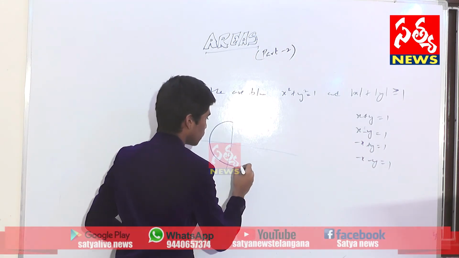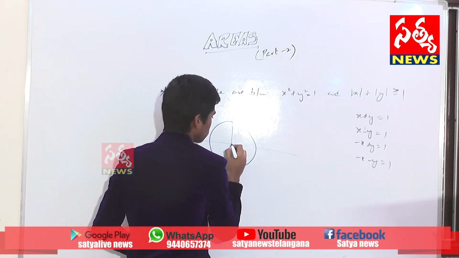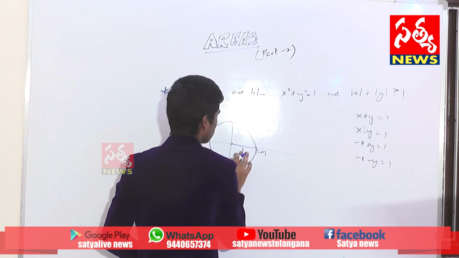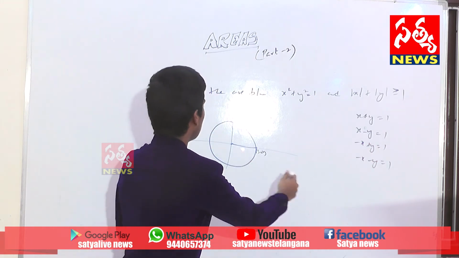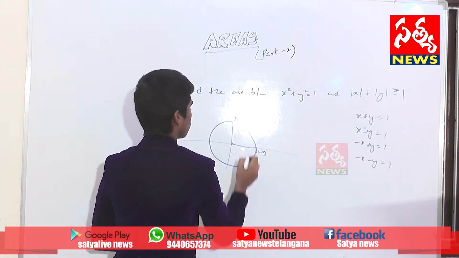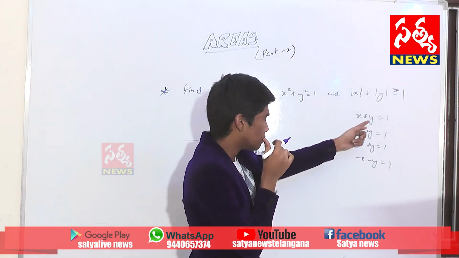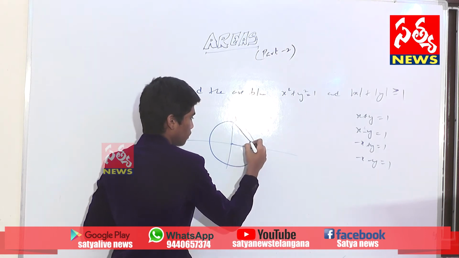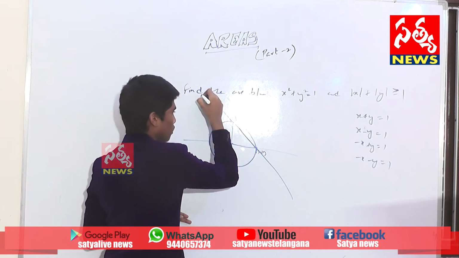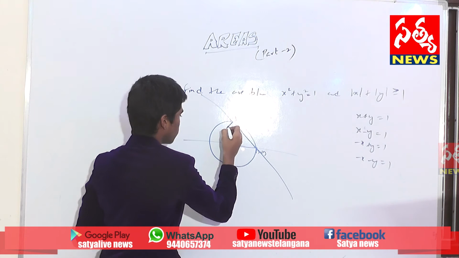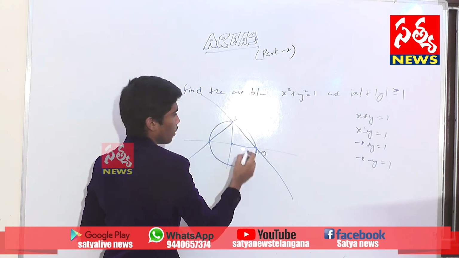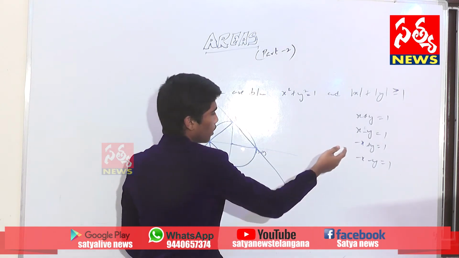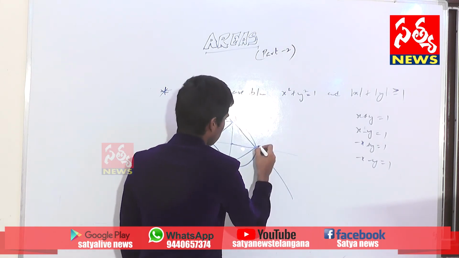See here, this is the circle with radius 1, this is (1, 0), and here (0, 1). And if you see here, x plus y equals 1, the graph will be in this manner. And x minus y equals 1 is this, and minus x minus y is this, and minus x plus y is this.